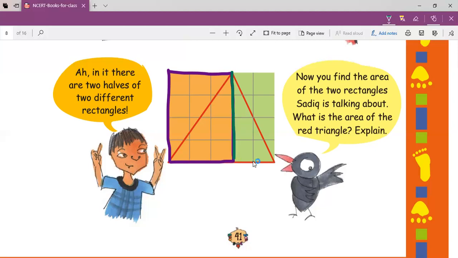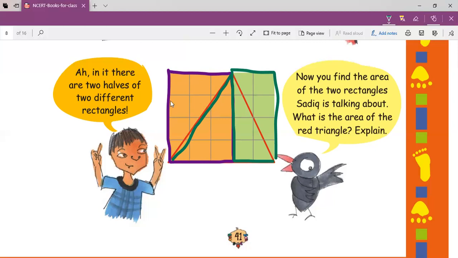This is a green rectangle. If you observe, this triangle is half of this rectangle. So what do you have to do? Again, the same thing. Find the area of this rectangle, and then afterwards find the area of the green rectangle.